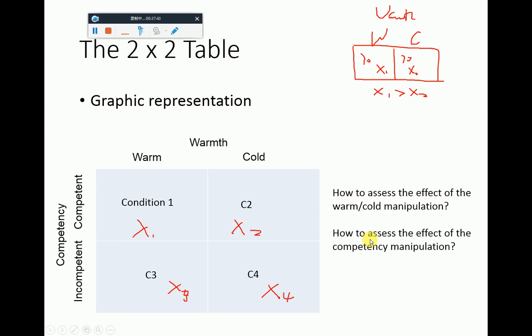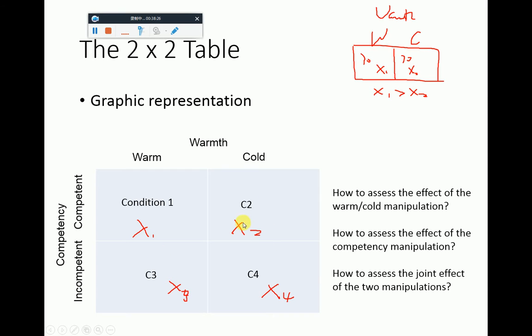Relatedly, we can ask, how do we assess the effect of the competency manipulation? Right? How do we know that by describing Aaron as competent or incompetent, we're affecting participants' perception of Aaron's friendliness? Okay? And lastly, how do we assess the joint effect of the 2 manipulations? That is, how do we know, for example, whether Aaron will be perceived as the most friendly when he is described as warm and competent, and he will be perceived as least friendly when he's described as incompetent and cold, right?